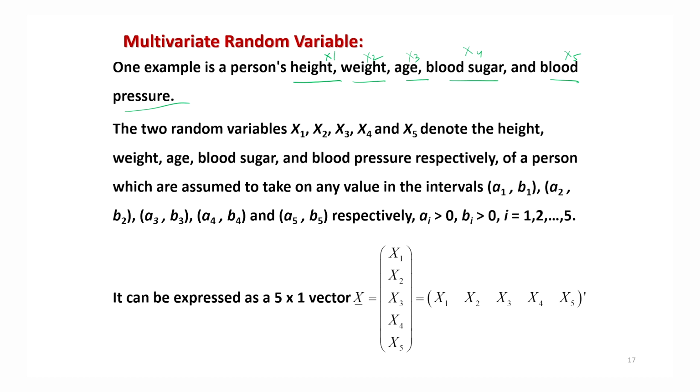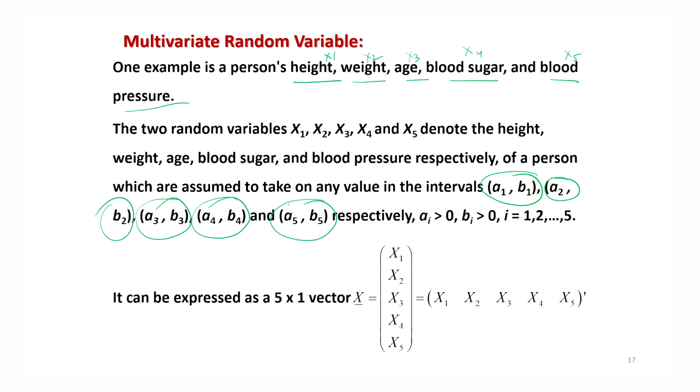Suppose all these variables take numerical values, where height x1 lies between a1, b1, the second variable x2 lies between a2, b2, the third between a3, b3, the fourth between a4, b4, and the fifth between a5, b5.